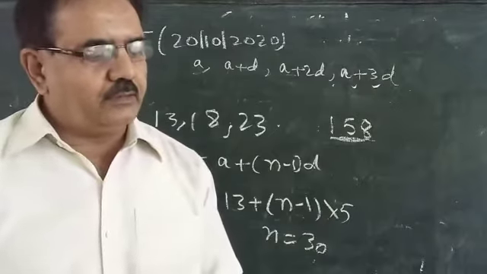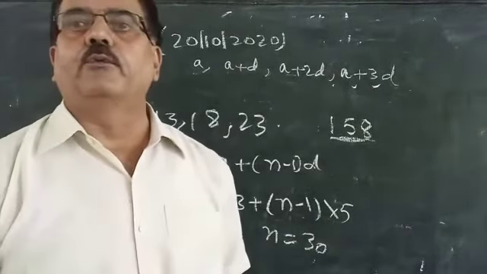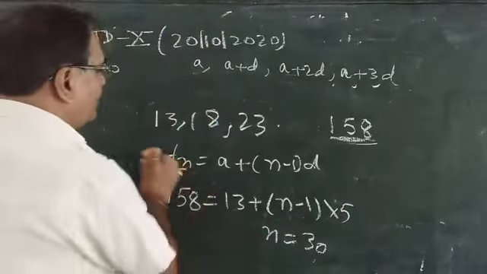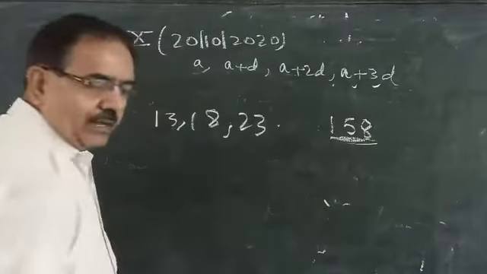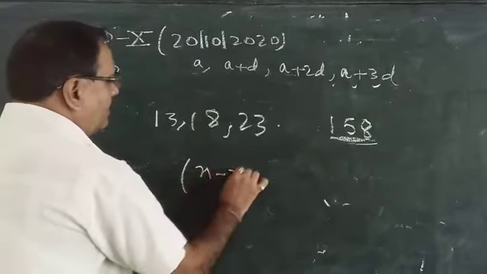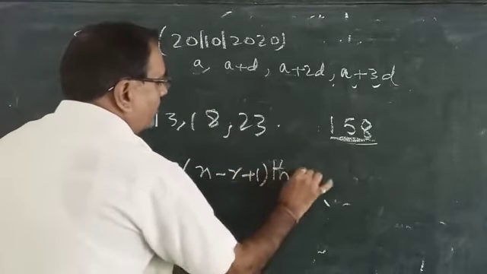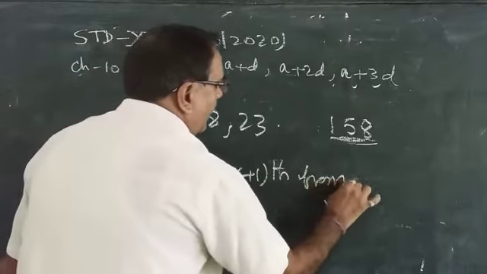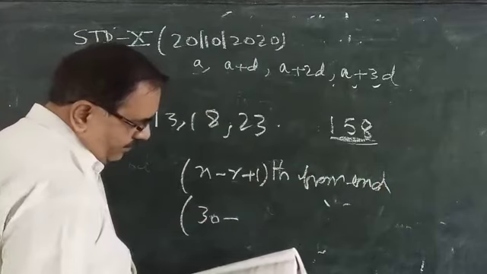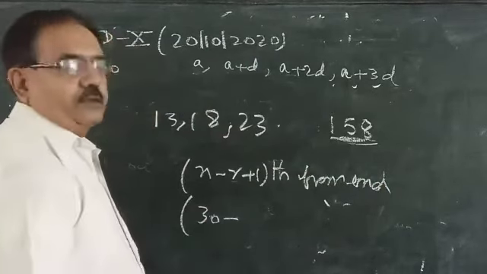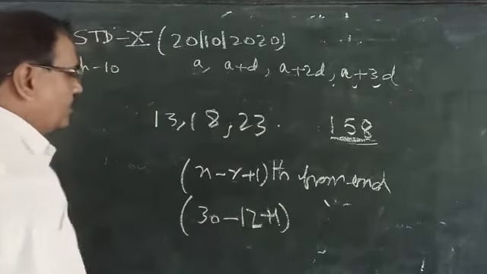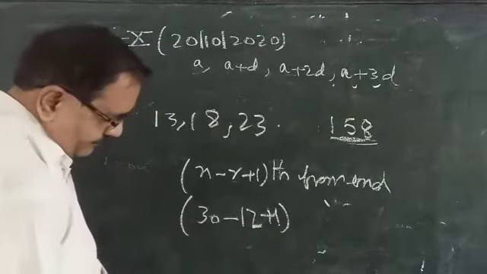Now when you have to find the 12th term from the end, we will use the formula which I have given just now. What formula? n minus r plus 1. n we got the value 30. r, which term you have to find? r is 12. So the value is 30 minus 12 plus 1, that is 19.